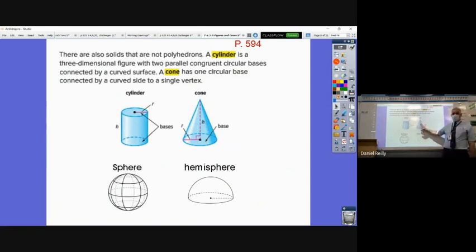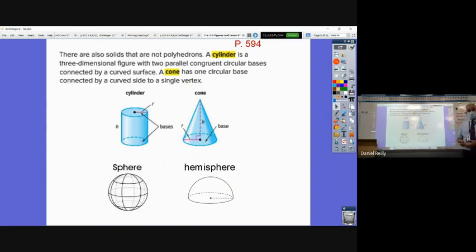It doesn't have triangle sides. It has like this one wrapping side. A sphere, that's just like a circle, a ball, and a hemisphere, right? So these are other three-dimensional shapes. Next year, your work in three-dimensional shapes is all cylinders, cones, and spheres. Easy.